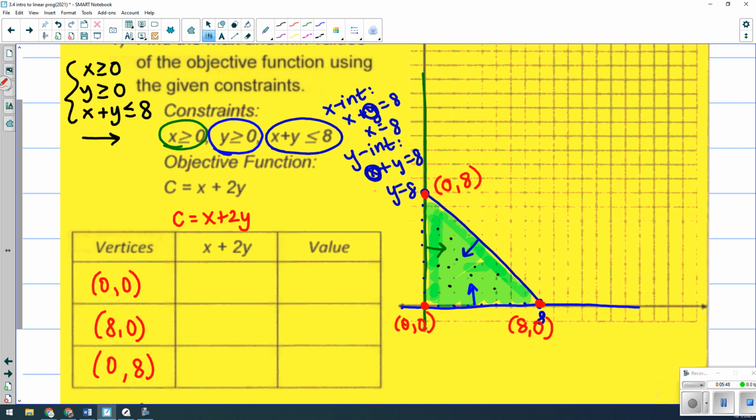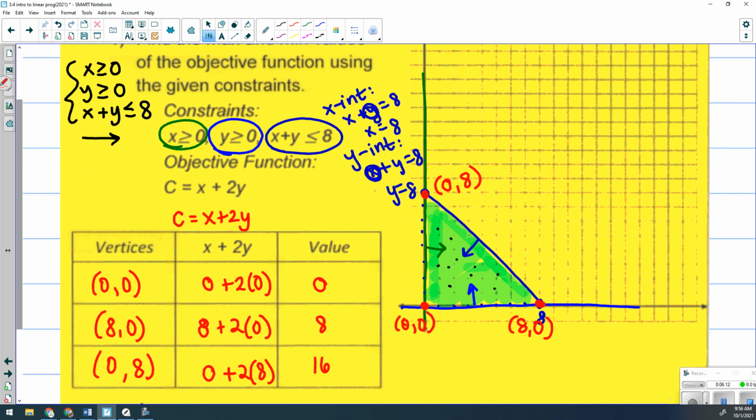This table is handy because I see exactly what I need to plug in: 0 and 0, and I'm going to get out a 0. And then I plug in 8 and 0, and I get out 8. And then I plug in 0 and 8, and I get out 16.